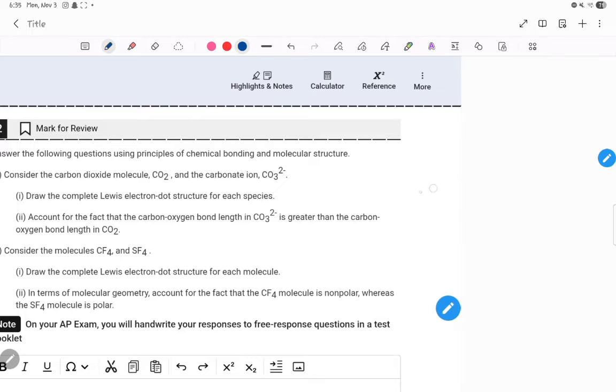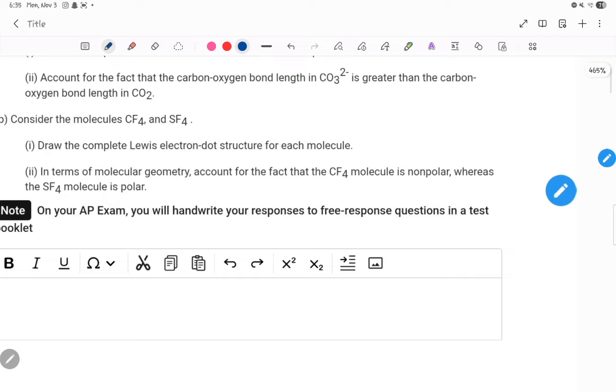Now, they're telling us, in terms of the molecular geometry, so let's talk about the molecular geometry. We know that CF4 has which shape? CF4 has the shape of AX4, whereas SF4 has the shape of AX4E.